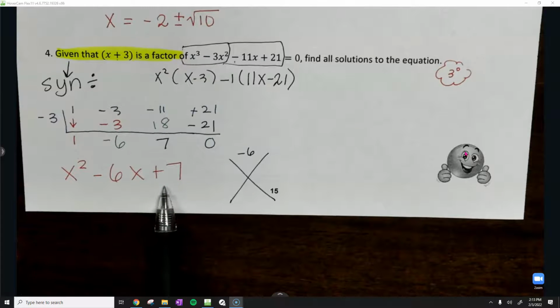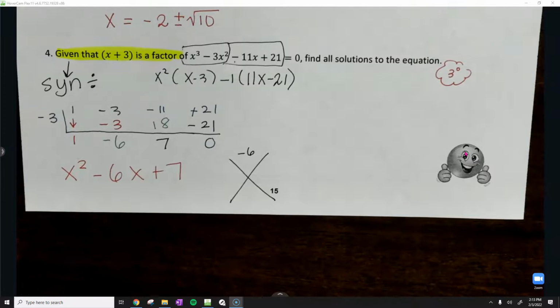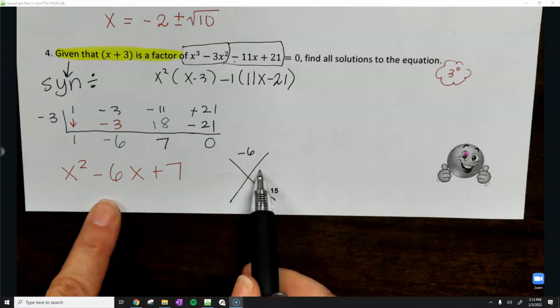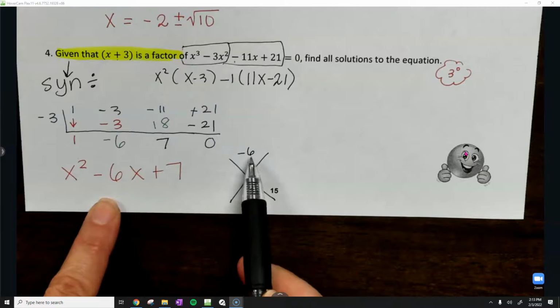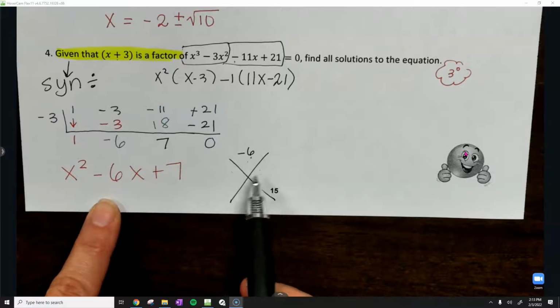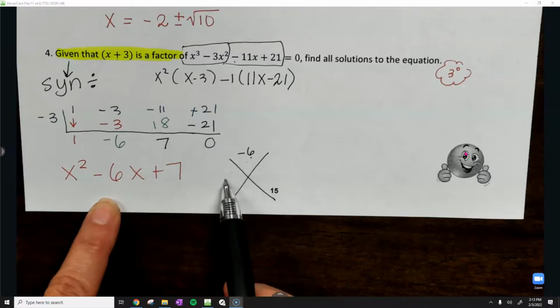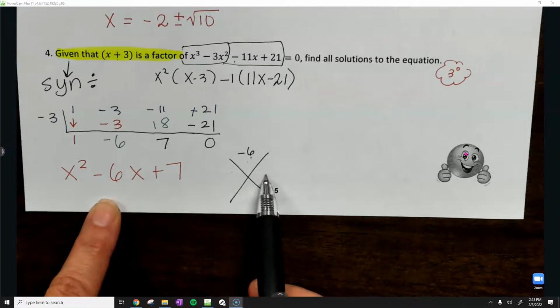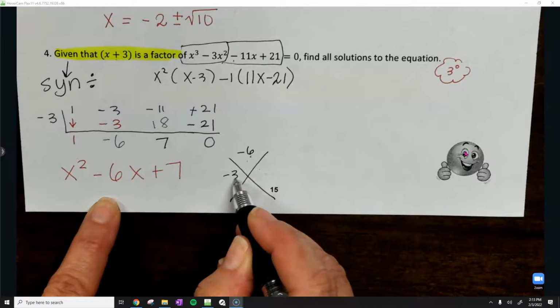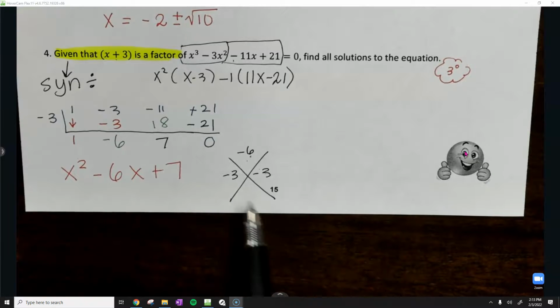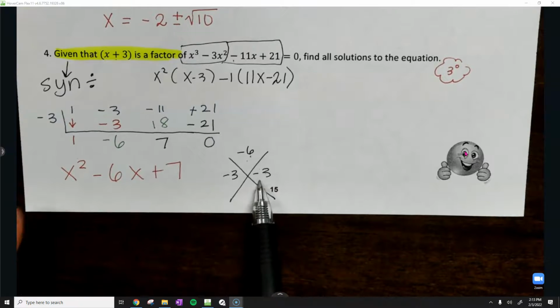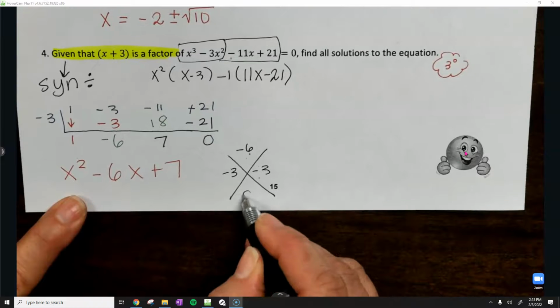There's none. So look, when you cannot factor it, you have to force it. So guys, what numbers go here that are exactly the same that combine to make a negative 6? What would go here? Negative 3, good job. What's negative 3 times negative 3? 9. That's what we're missing.